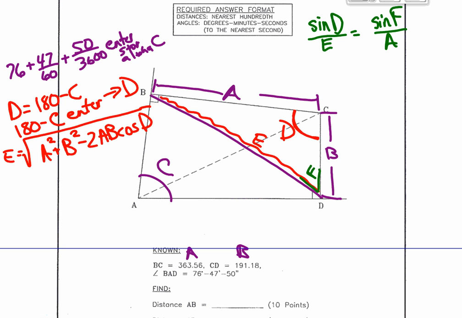So then if I want to get F, it's going to be the inverse sine of A sine D all over capital E.